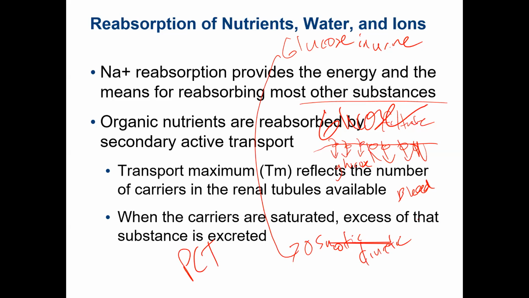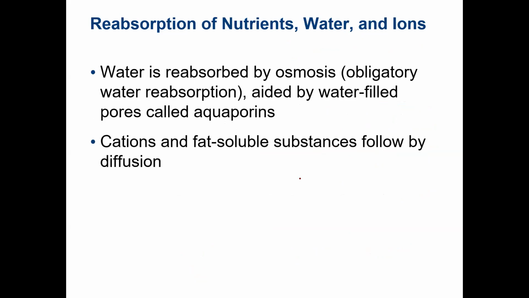It pulls water toward it in that tubule system. And that's our next symptom of diabetes. They always have to pee, they're constantly having to pee. They're losing fluids and they're dehydrated, so they're constantly thirsty. Water gets reabsorbed by osmosis. It's going to follow those dissolved particles around.